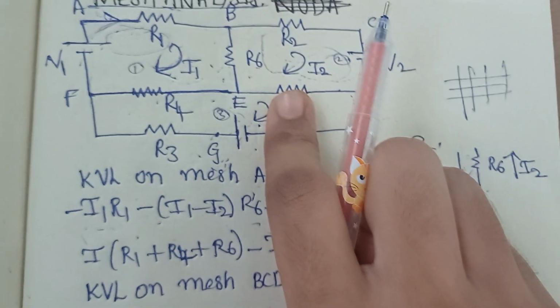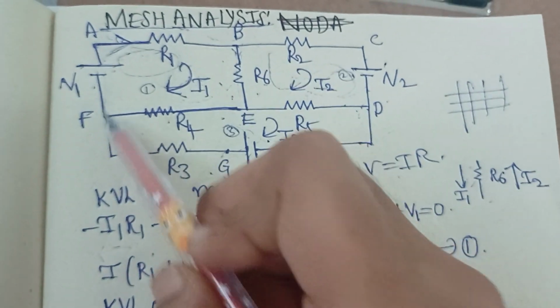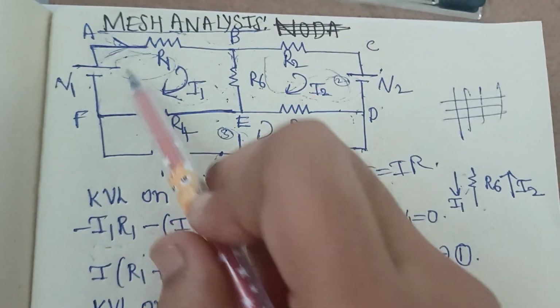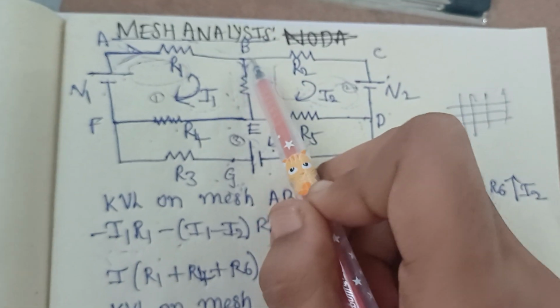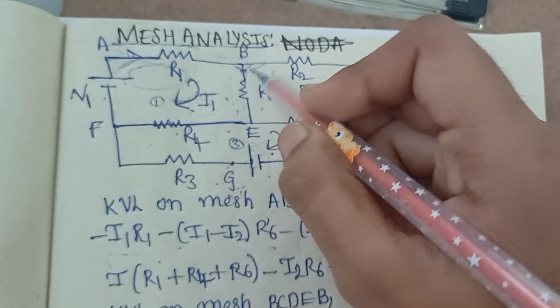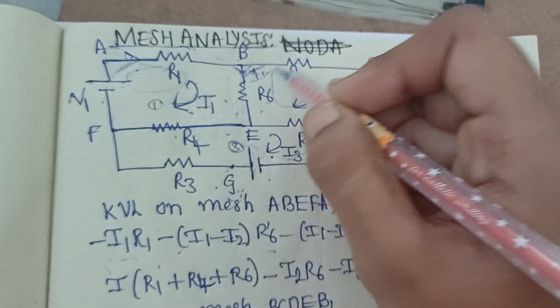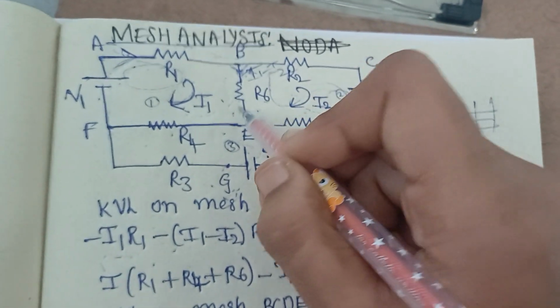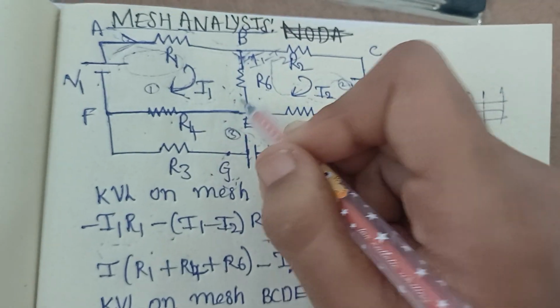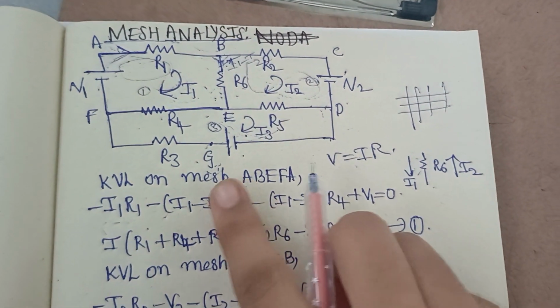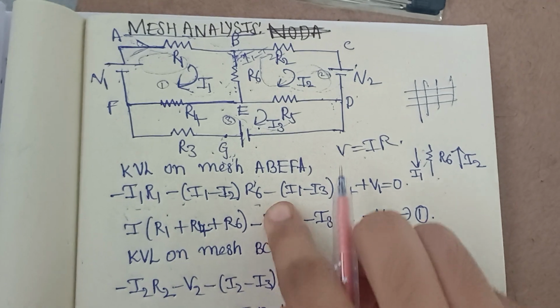Hope you have got clarity. And since we are moving through this mesh in this way, and current always moves from positive to negative, our sign convention should be negative, as we have discussed previously. So it will be minus (I1 minus I2) into R6.